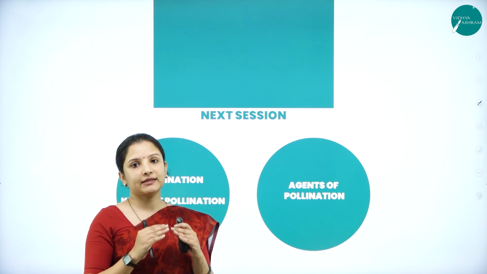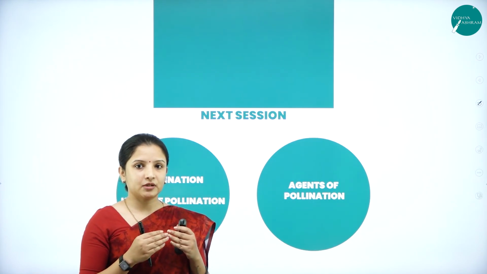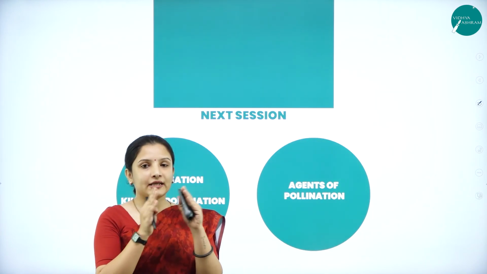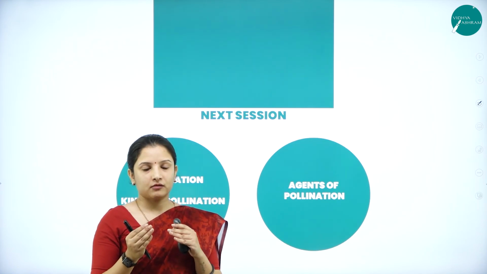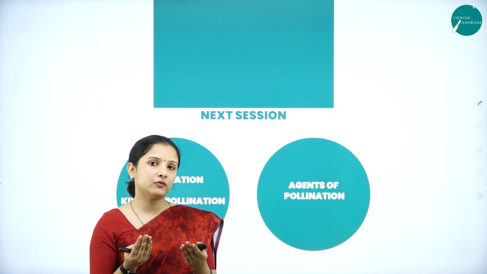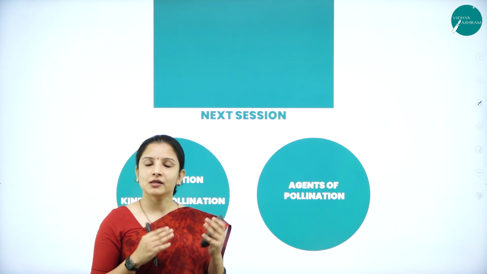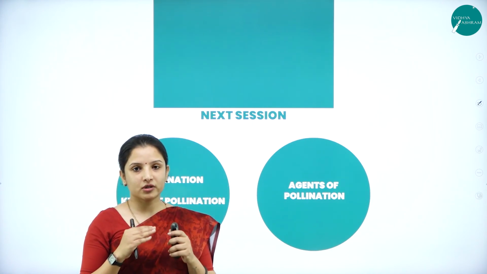For double fertilization to occur, the pollen grains that developed in the anther, which I told you have dehisced or come out of the anther, should be pollinated. And how will pollination occur? By wind, by insects, by water, etc. Therefore, pollination is a very important event.